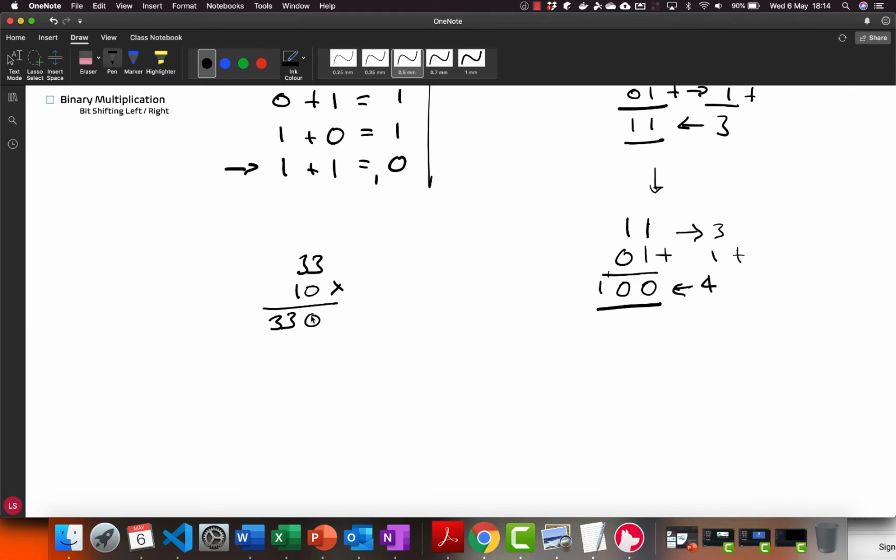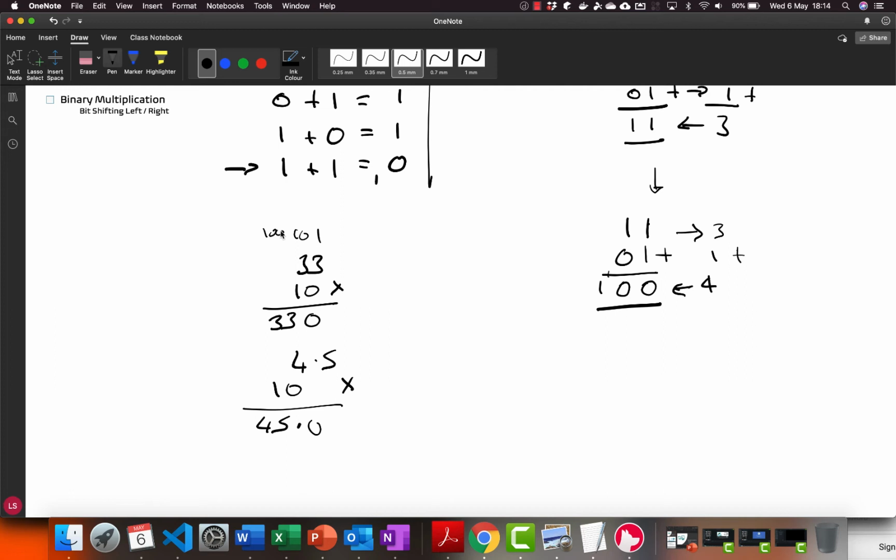If I have 4.5 times 10, I'm going to move the whole number one place to the left, so it becomes 45. That works because we're multiplying by powers of 10, and in our normal decimal system, each column is a power of 10.